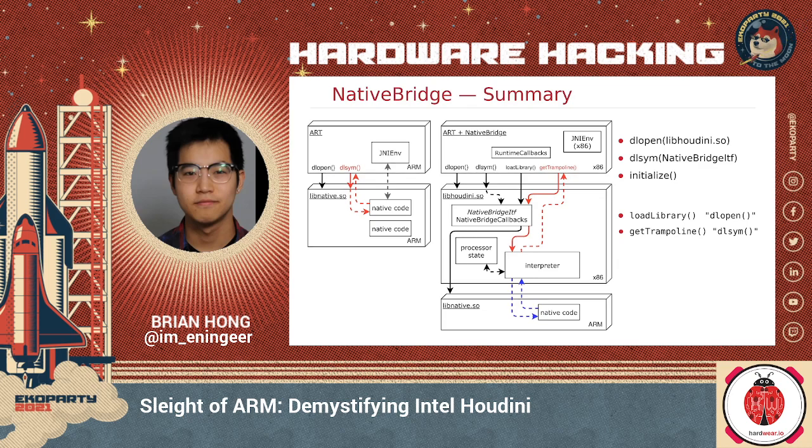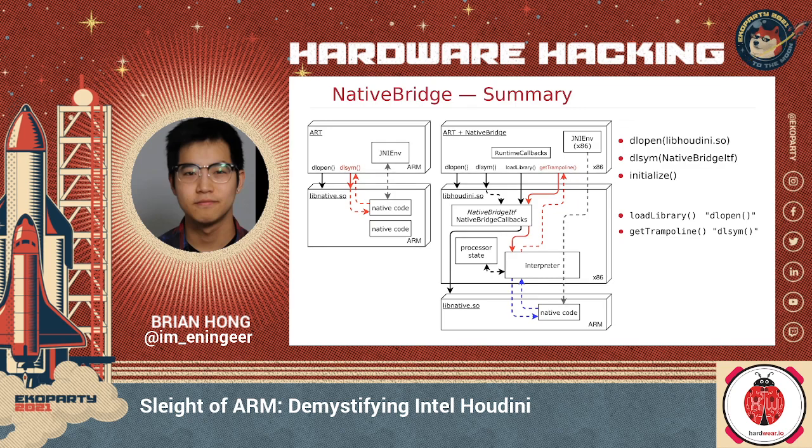For the same reason we can't just get the function pointer to our ARM native code, we can't pass our jniinv, which is full of x86 functions, into our ARM native code. So basically we can't do that.